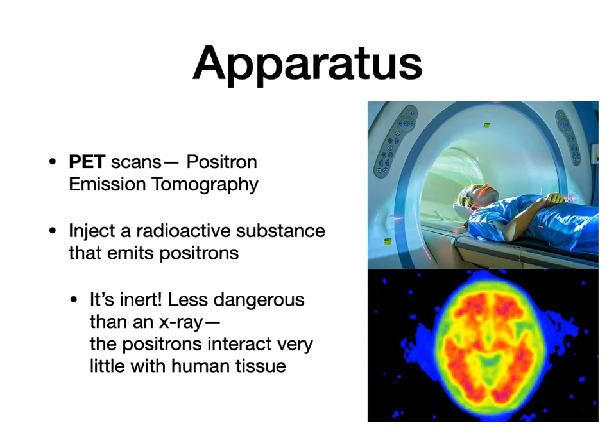PET scans. So while I did just talk up fMRI as a stronger option, PET scans still give you some spatial information. All of these involve you going and lying down in a big tube, and you just stay still as much as you can, and you do some task. In PET scans, a PET scanner will have to shoot positrons through you.